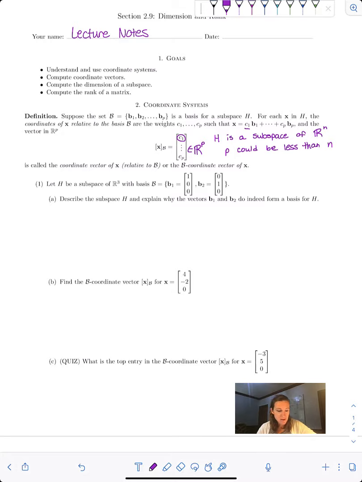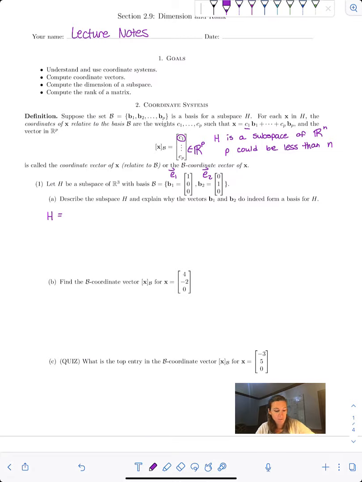So let's consider a subspace H, which is a subspace of R3, given by basis vectors b1 and b2, which are really e1 and e2, if you remember our notation from before. If we think about what H looks like, remember a basis spans a space and is linearly independent.